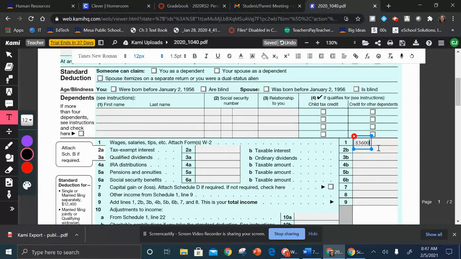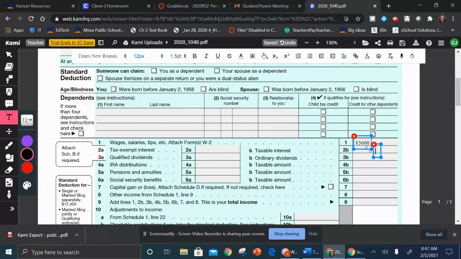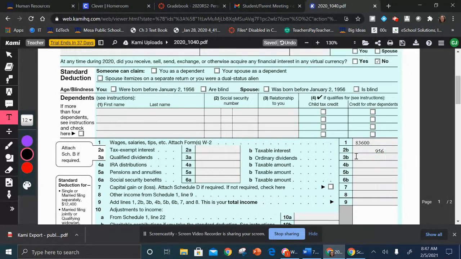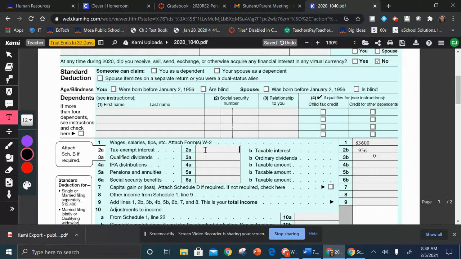So $956. Okay, and then these would be 0. Tax exempt interest, so 0.